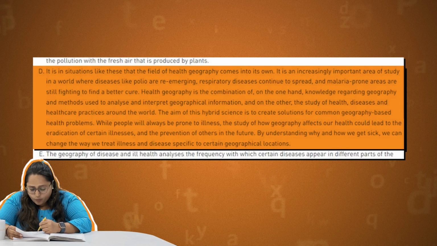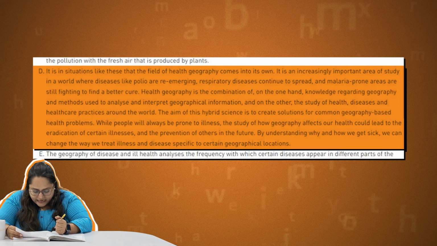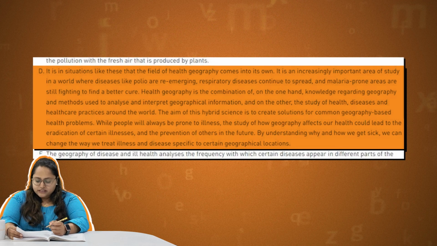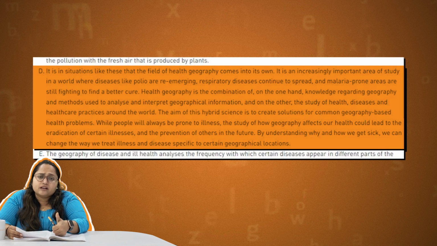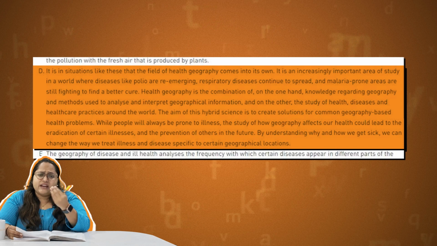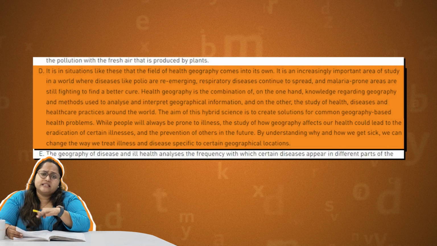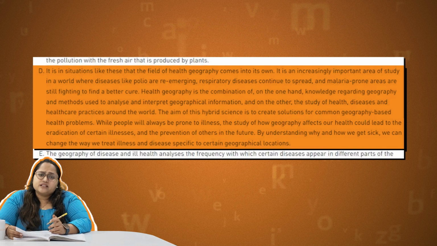By understanding why and how we get sick, we can change the way we treat illness and disease specific to certain geographical locations. So here they have talked about one particular illness which people have accepted is going to happen. Since they have not got the solution yet, they are still fighting to get the solution to it.